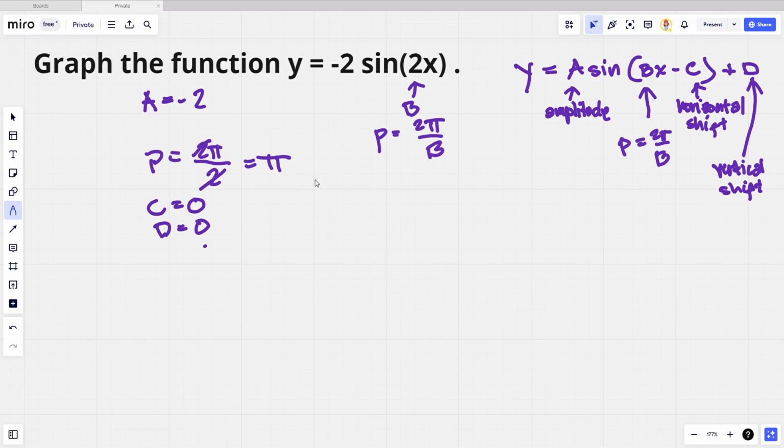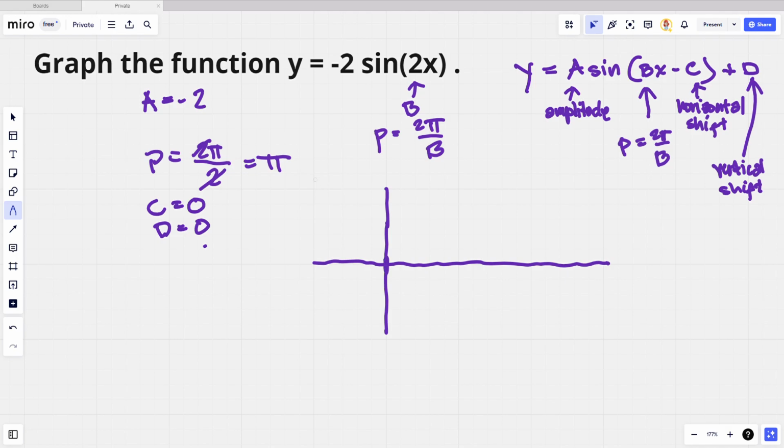So graphing our function right here, notice that our period is in terms of pi. So it would be best if our x coordinates would be multiples of pi.